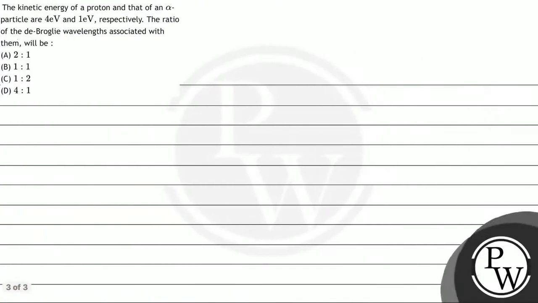Now we know that the mass of alpha particle is basically a helium nucleus, right? So the mass of alpha particle is 4 atomic mass unit, and the mass of proton is 1 atomic mass unit.